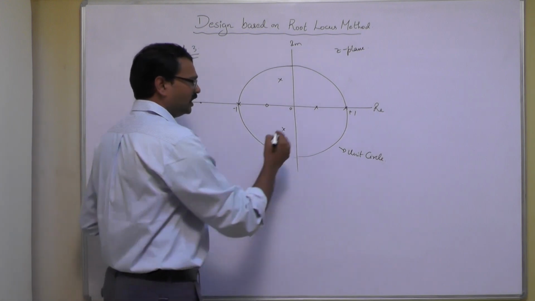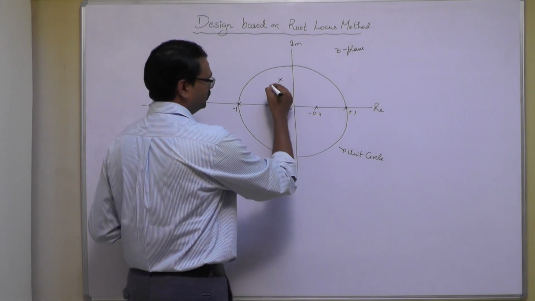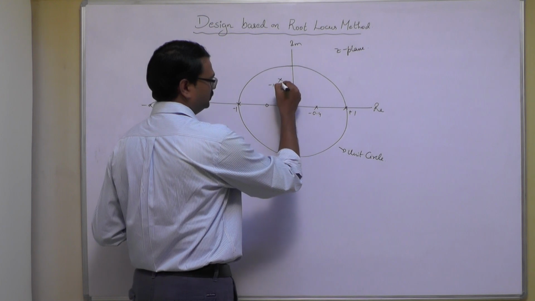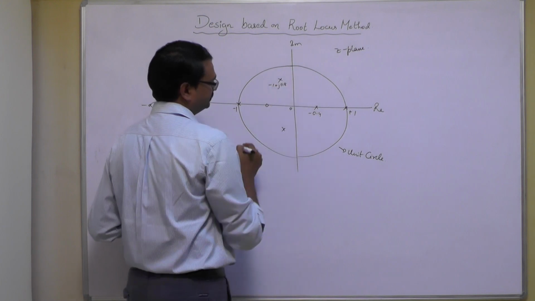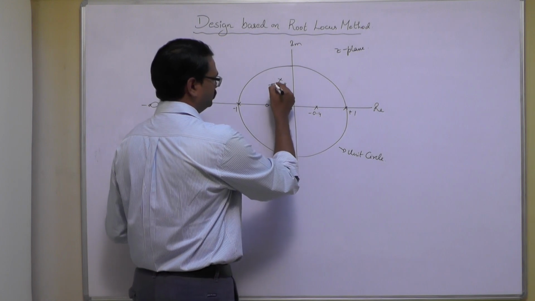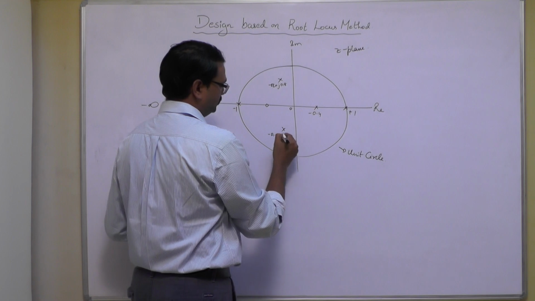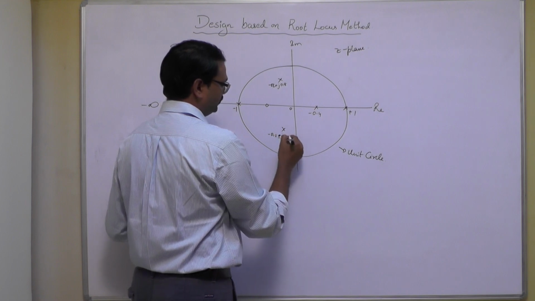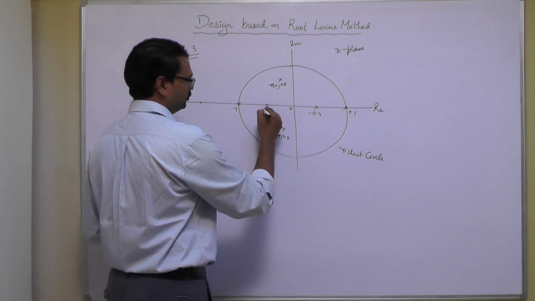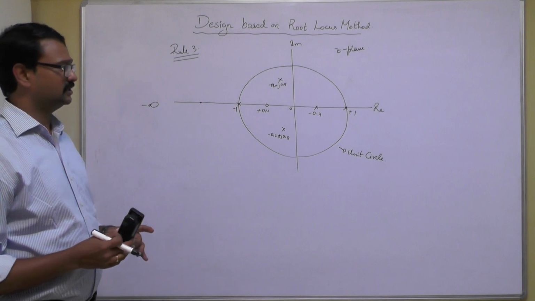Let me say this is somewhere around minus 0.4, and this is minus 0.2 plus j 0.8 and minus j 0.8. For example, we have this.